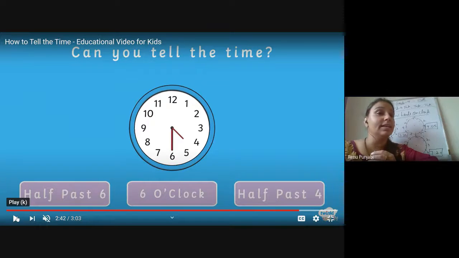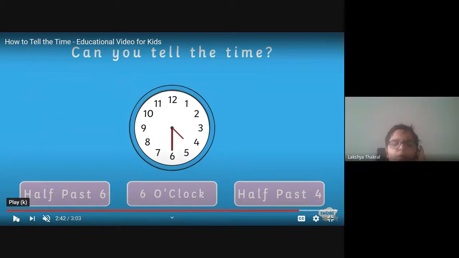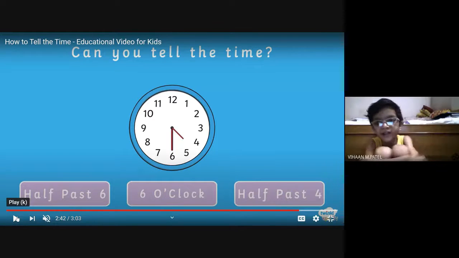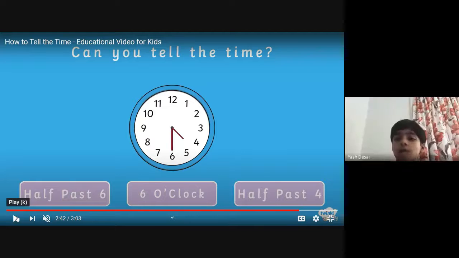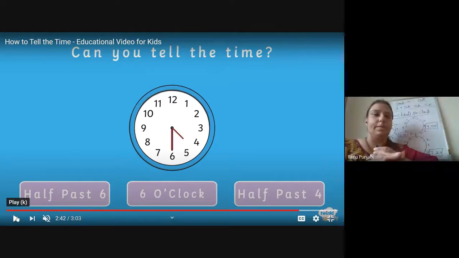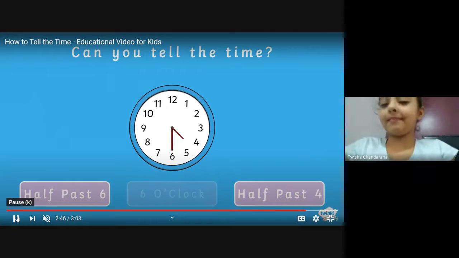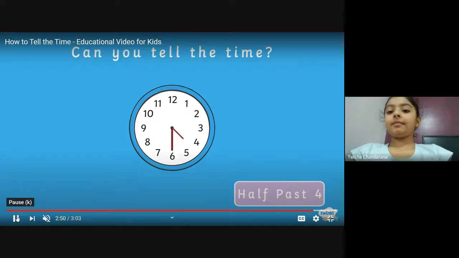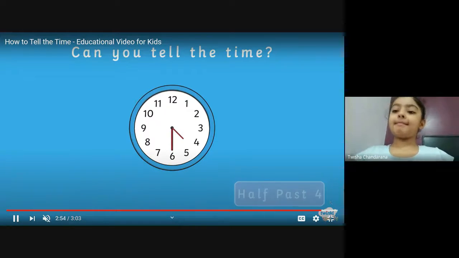It is 4:30. But here is the option of half past 4. Can you see the option of half past 4 here? Yes, this is half past 4. Very good, very good. Half past 4.